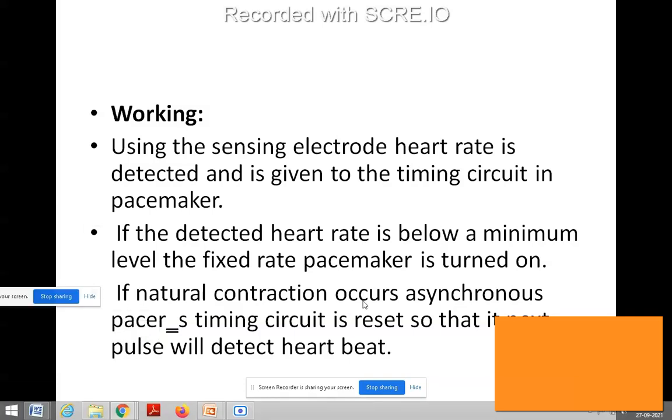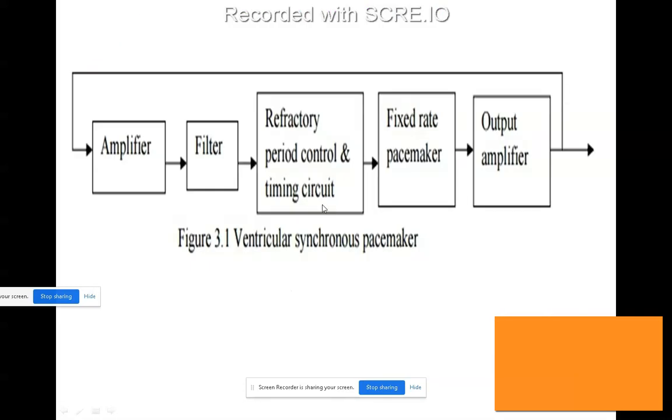So here we use the sensing electrode, which senses the heart rate and gives it to the timing circuit. After detecting, it will be amplified and filtered and then given to the timing circuit.